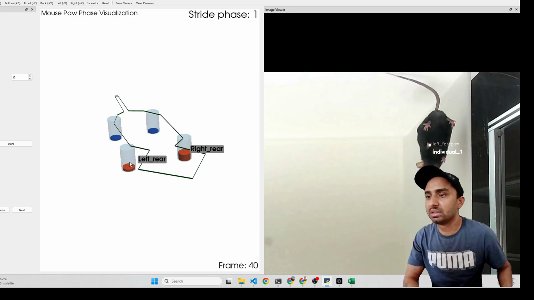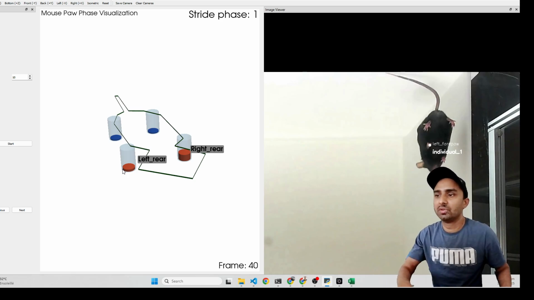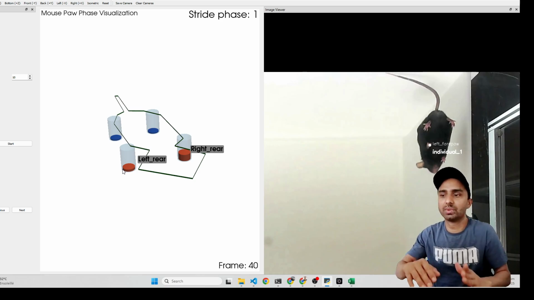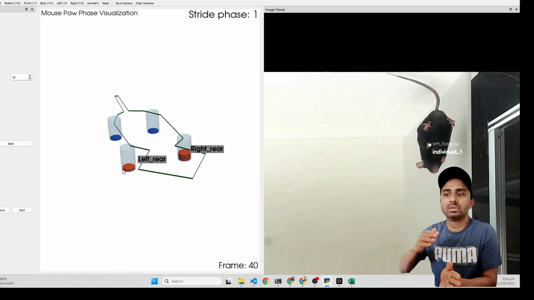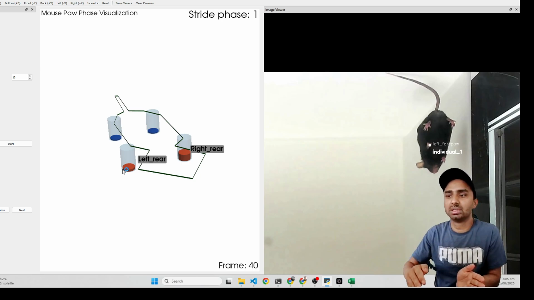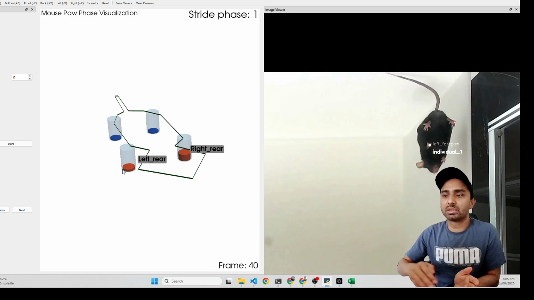The values in the cylinder get incremented for each positive stride. It means when the paw of the rodent swings, it gets incremented if its value is one.